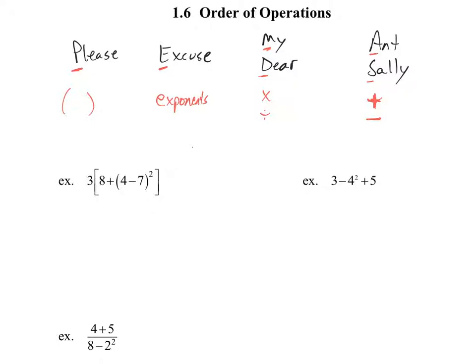So for these, if you're trying to get a numerical answer, so I'm going to say when, pick blue. So you always do them in this order when, technically in math we call it evaluating an expression. Evaluating.